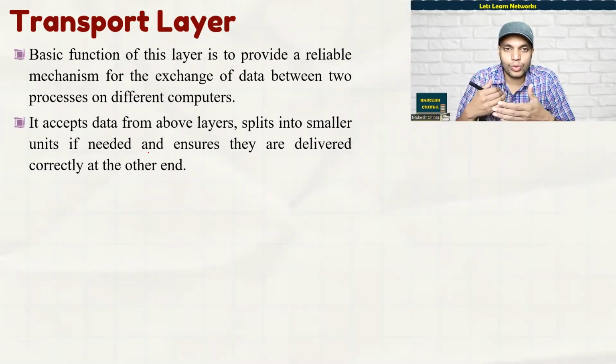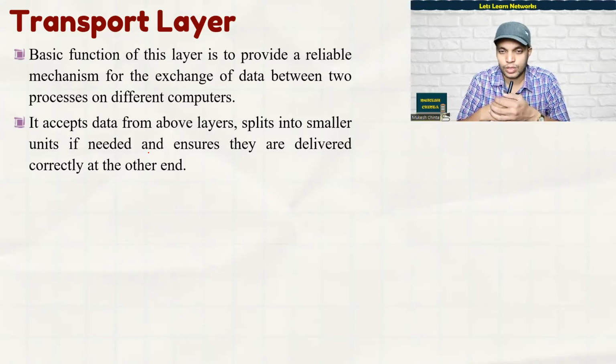Then how do you decide to which process or application this data should be delivered? Imagine that you are watching a YouTube video, playing a game, listening to music, three applications at the same time. And if a packet arrives, how does your system know to which application this packet should be delivered?